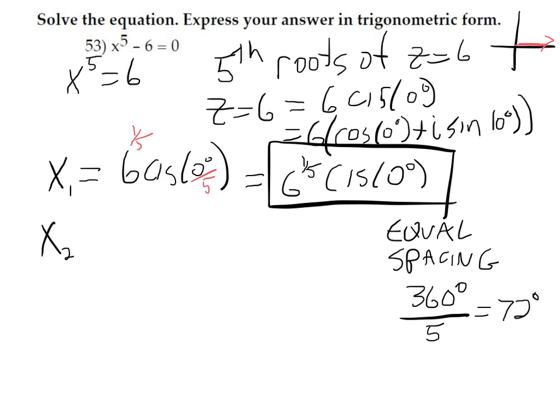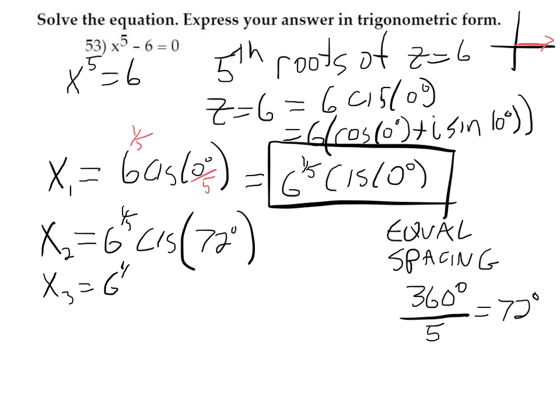So each 5th root will be 72 degrees different from the other ones in trigonometric form. So x2 will just be 6 to the 1/5 CIS of, if I add 72 to 0, I get 72 degrees. X3 will be 6 to the 1/5 CIS, if I add another 72, I get 144 degrees.